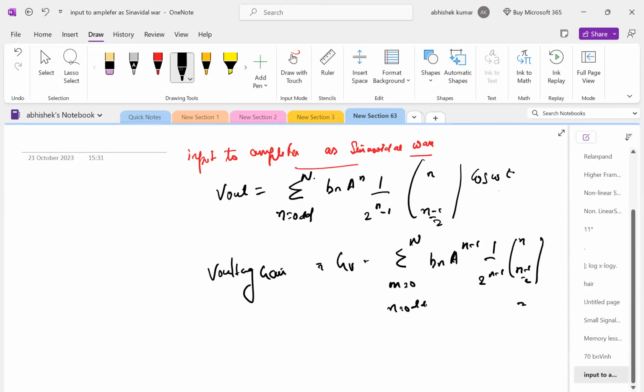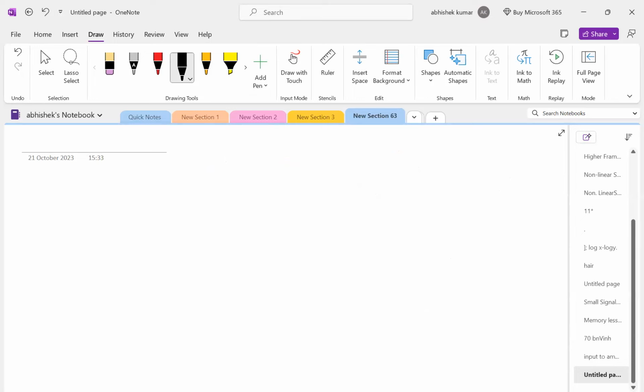What do you mean by third order nonlinearity? If somebody tells you that your system has third order nonlinearity, that means you will have different terms: B0, B1 V in, B2 V in square, and B3 V in cube.